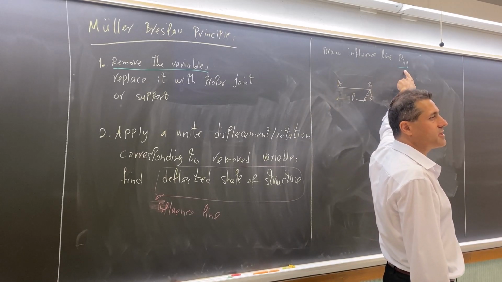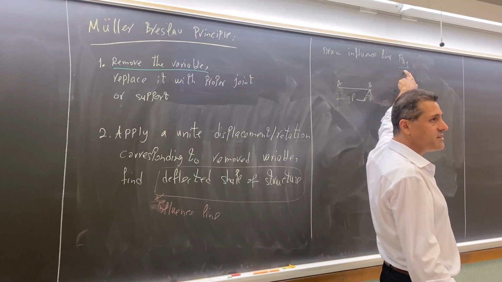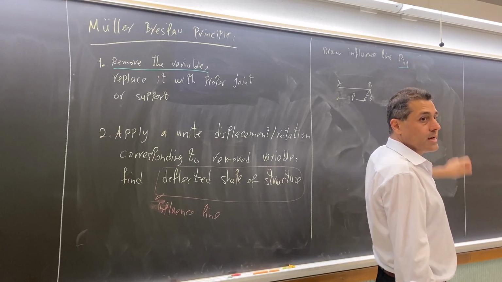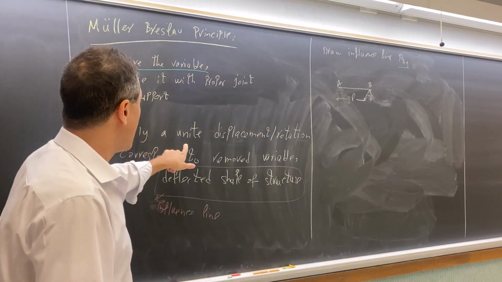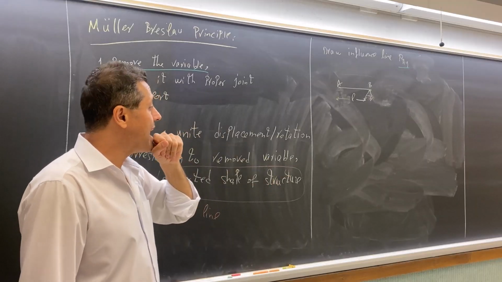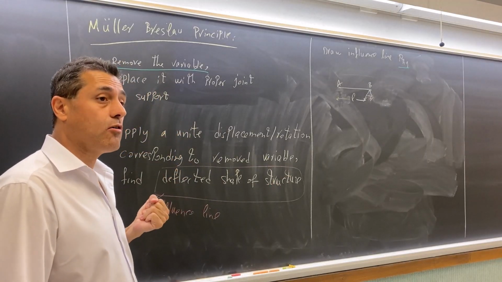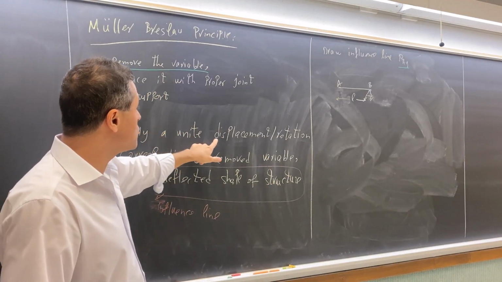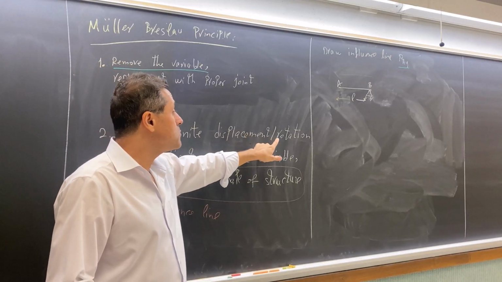Originally, what was it when I erased it? It was a vertical reaction, right? It says apply a unit displacement or rotation corresponding to the removed variable. And Alex said it was a vertical one. So now I must apply a unit displacement or rotation.